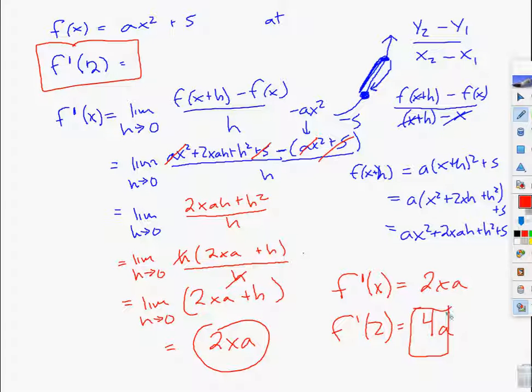So the gist of this is if I change this a to a 3, put a 3 here. If I change it to a 5, put a 5 here. And that gives me the instantaneous velocity at a point. Okay?